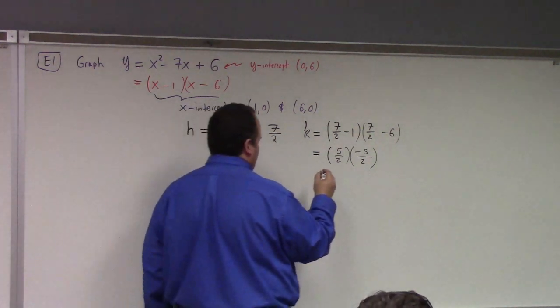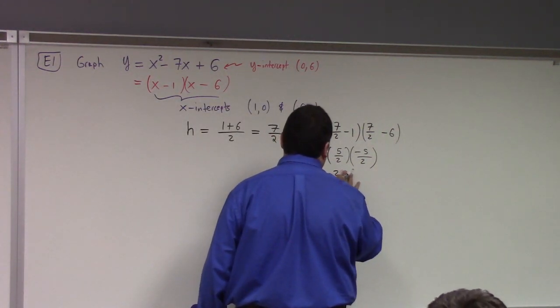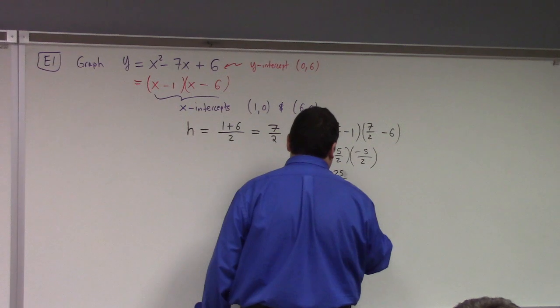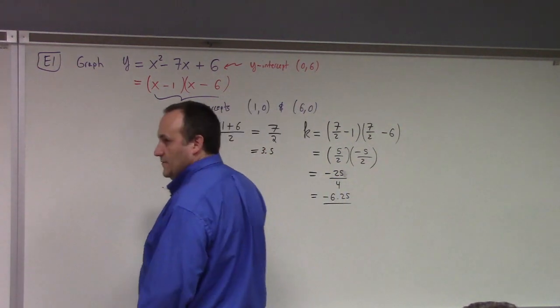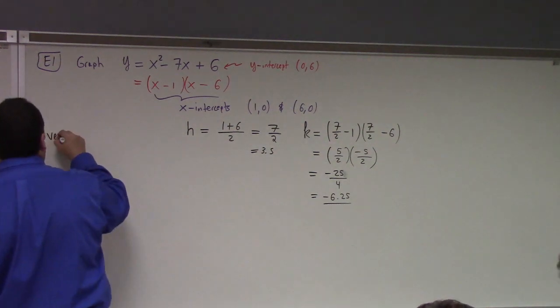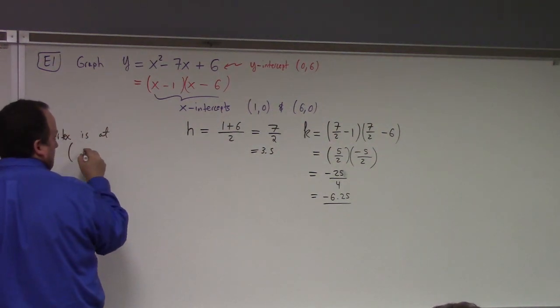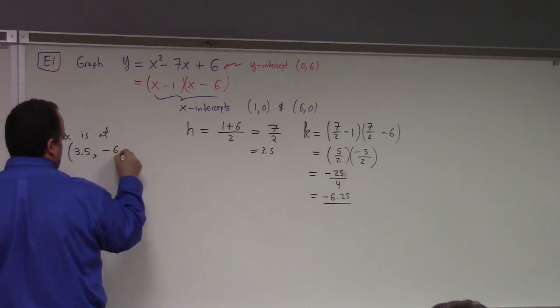So I get minus 25 over 4, which in decimals is like minus 6.25. And this is 3.5. So my vertex is at apparently 3.5 comma minus 6.25.